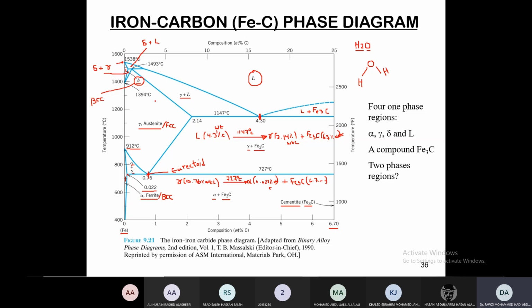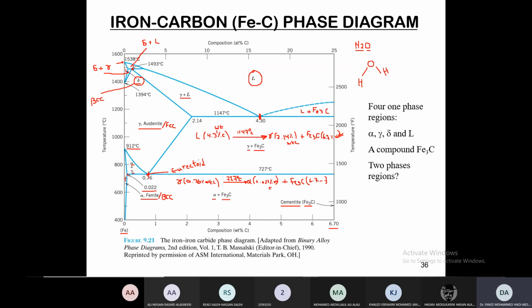We have also another important point, and that is that point. It's not very important actually for us. We have another point where the transformation also occurs, and this is called the peritectic. This is called the eutectic. This is called the eutectoid, and that is called the peritectic. And the peritectic, basically, the transformation occurs through that point there. It's a point which has similar behavior as the rest.